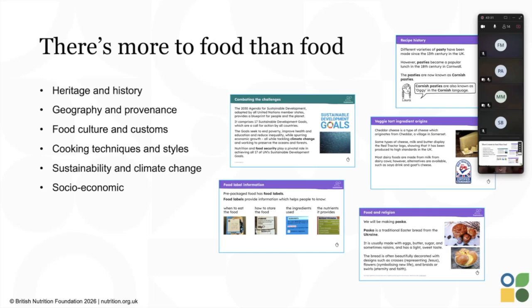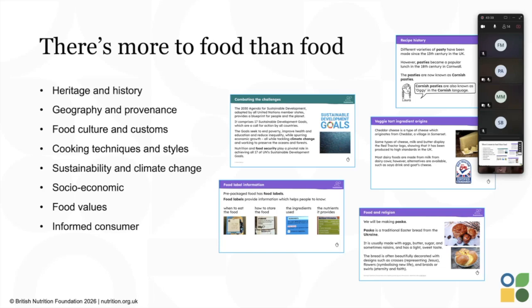But also about that socioeconomic part, about the budgeting aspect that we might have to do, about where we buy food and how we buy that, and about our values around food as well. That's really important too, and about being an informed consumer. So these things are really helping to shape our curriculum.